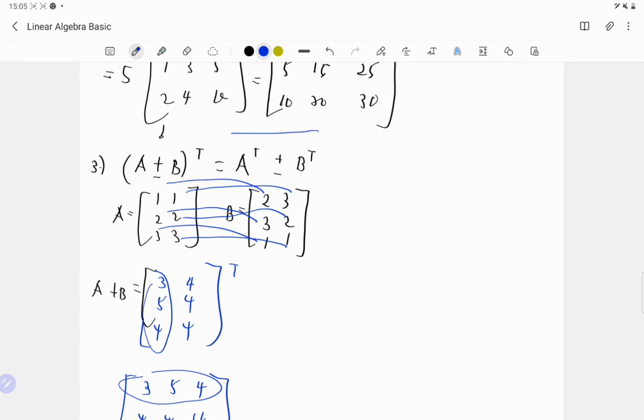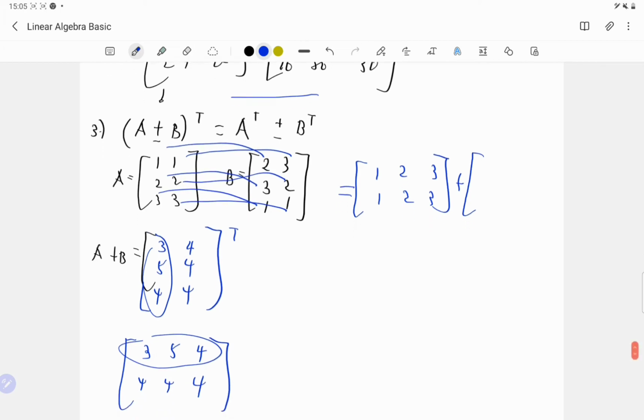Let's prove it. What is the transpose of A? Sorry, I always make a mistake. 1, 2, 3, 1, 2, 3. Plus, what is the transpose of B? 2, 3, 1, 3, 2, 1.